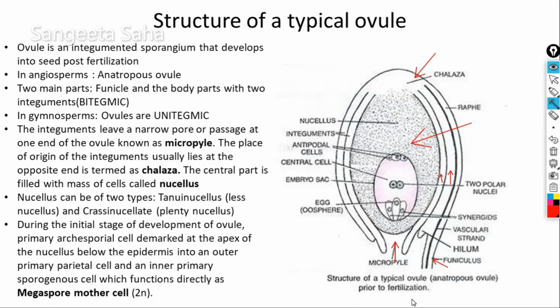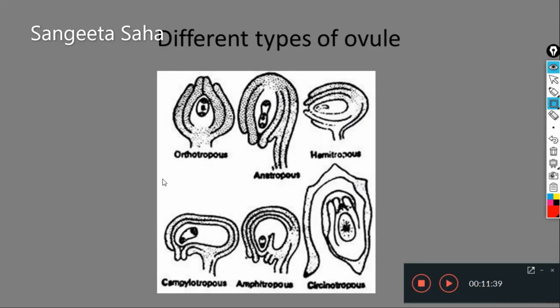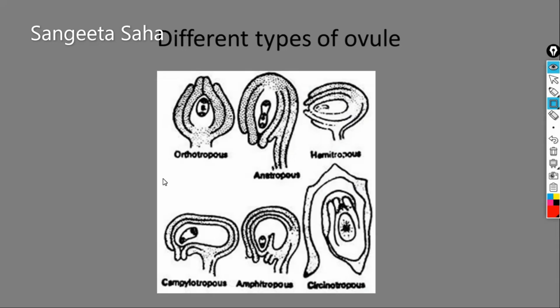In the next part, we are going to learn about the different types of ovule. In the previous part, we have already learned about the structure of the ovule. There are basically 6 different types. The first one is the orthotropous. Ortho means straight and tropous means turned.